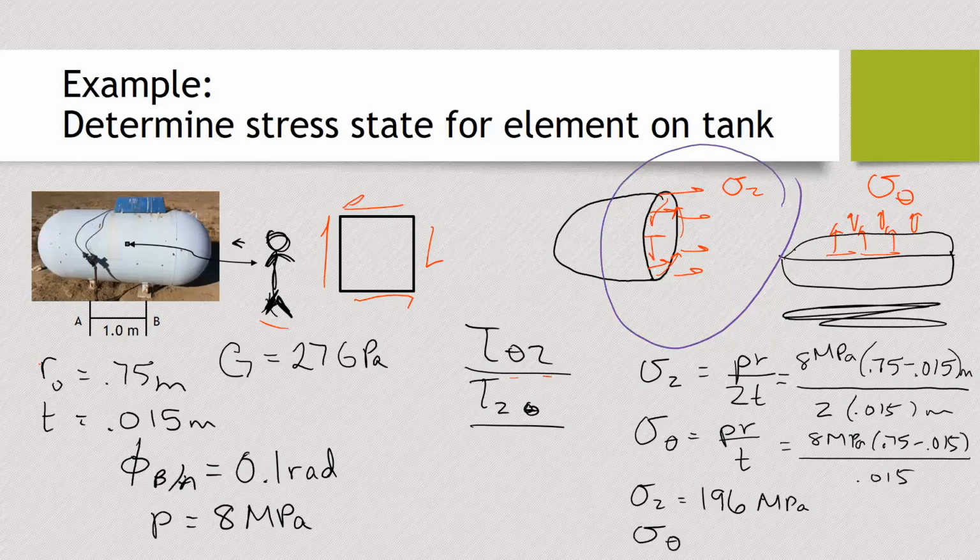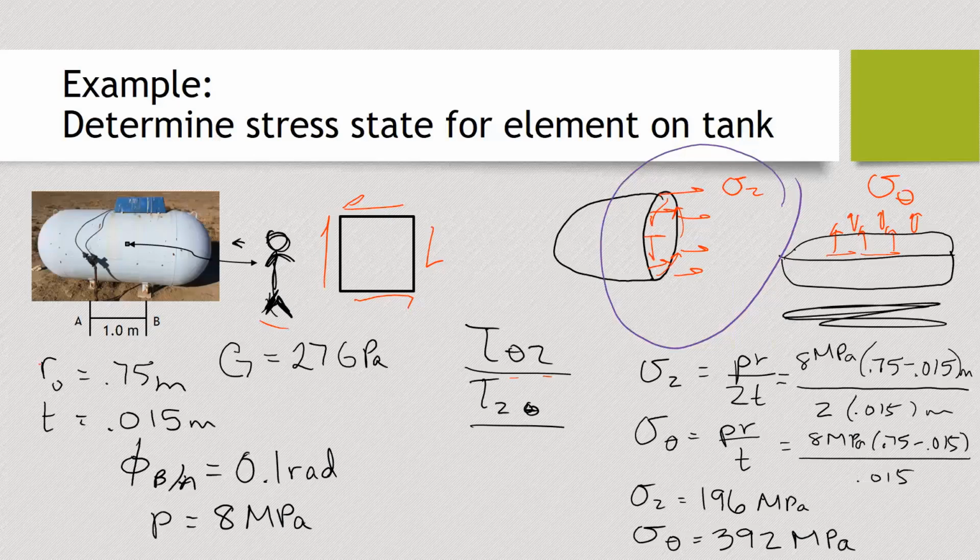And sigma theta must be double that. So that would be 392. All right, so that's the first part. That's our normal stress. The second part is looking at the torsion that's due to that rotation.